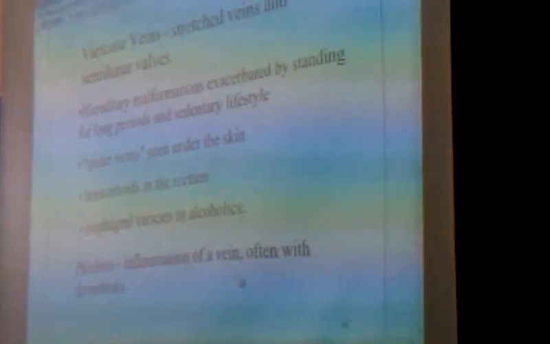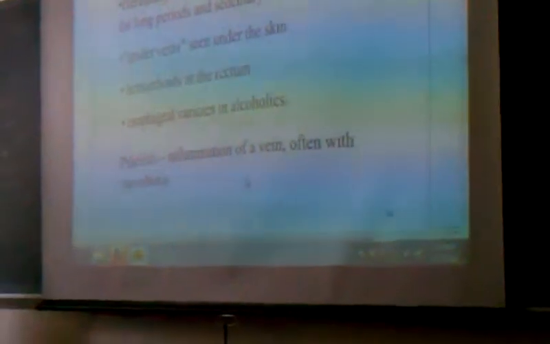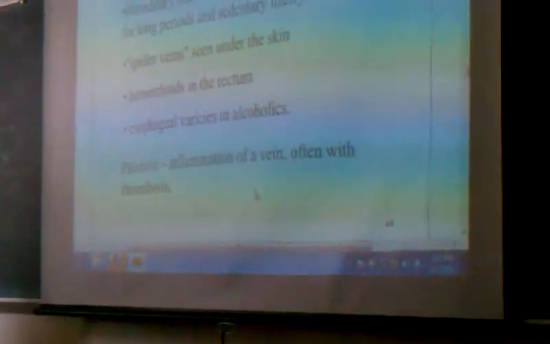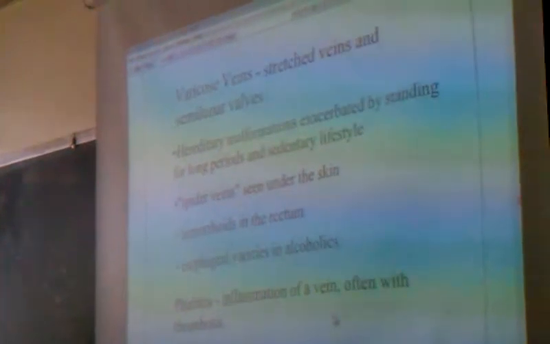So, a phlebotomist will withdraw blood, and an inflammation of a vein is called phlebitis. This type of inflammation can be caused by a number of things: trauma, sometimes disease. Some individuals have immune responses that actually result in inflammation of the lining of the vein itself. The problem is where you have inflammation, you have an increased risk of forming blood clots.